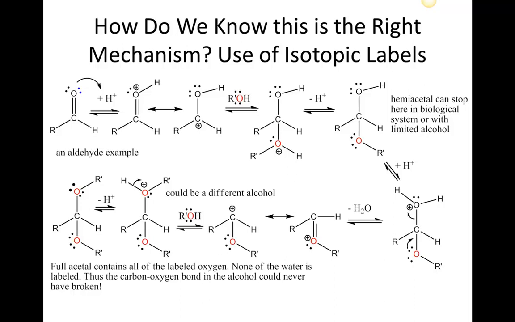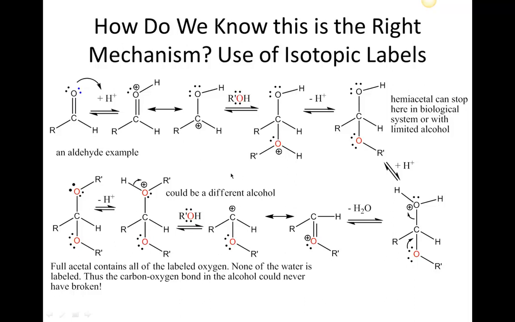I mean, imagine another scenario. You might have reasonably asked the question, well, if we put acid in, why didn't we protonate this oxygen? If you had protonated this oxygen, then you could have lost that as a water molecule, but that would involve breaking this carbon to oxygen bond, and we know from this isotope study that we never break that bond.